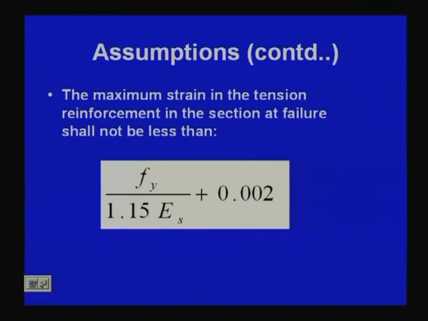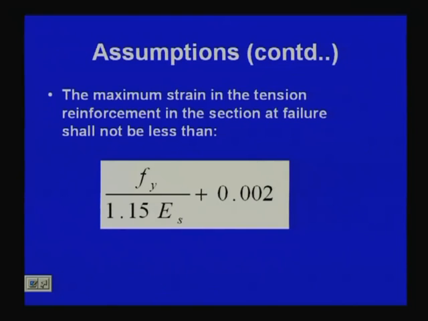The maximum strain in the tension reinforcement in the section at failure shall not be less than fy by 1.15 Es plus 0.002. This is the strain that should not be less than this value.